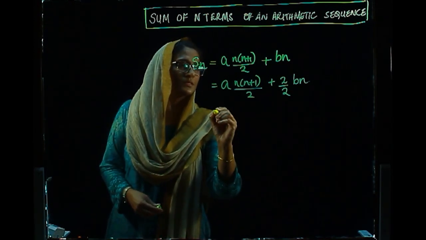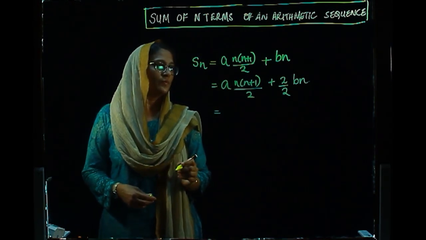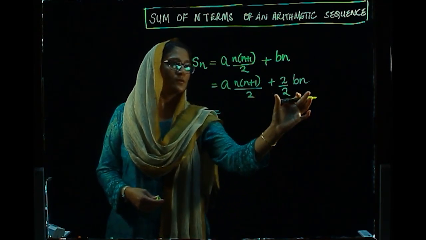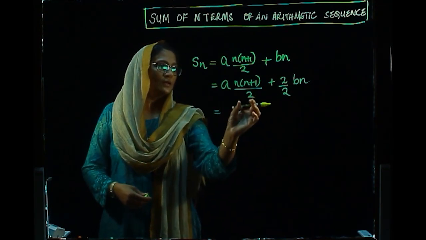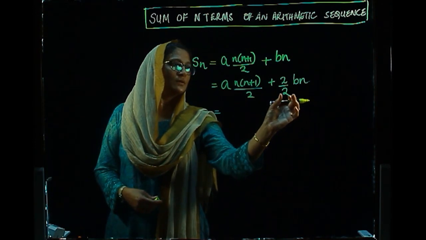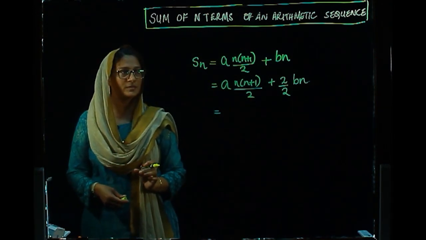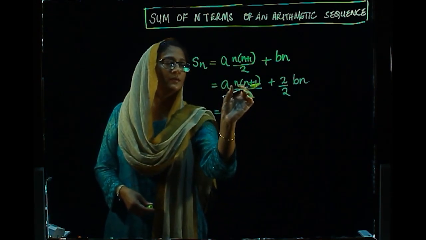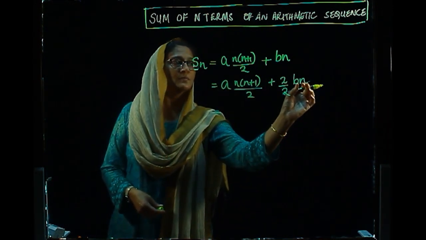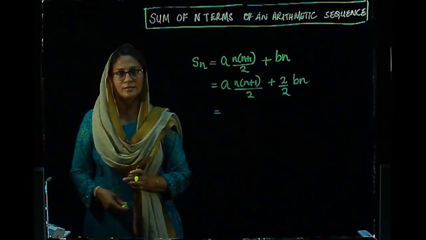Now if you see both the parts of this equation, there is a 2 in the denominator in both the parts. So 1 by 2 can be taken as a common factor, and n from the first part and from the second part also can be taken as the common factor.